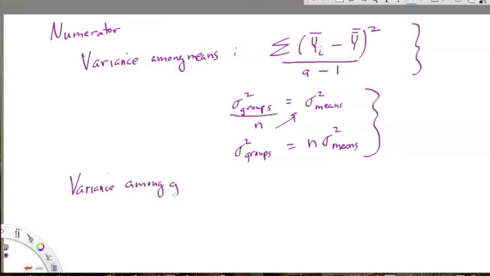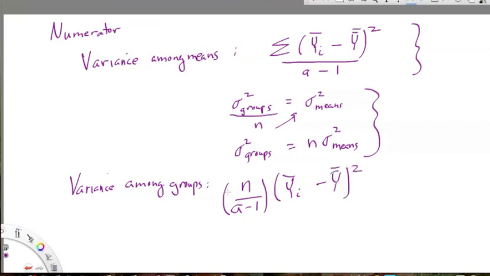And so the variance among groups, using that formula, is going to be n over a minus 1 times y sub i bar minus y double bar, quantity squared.